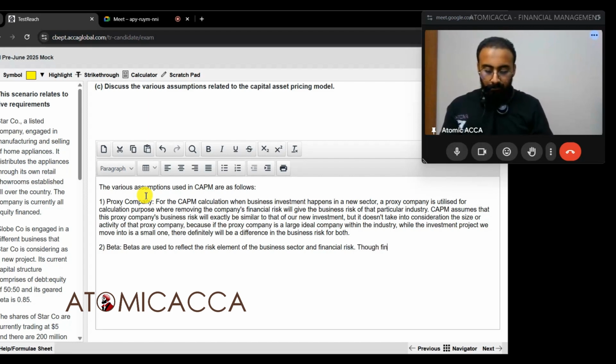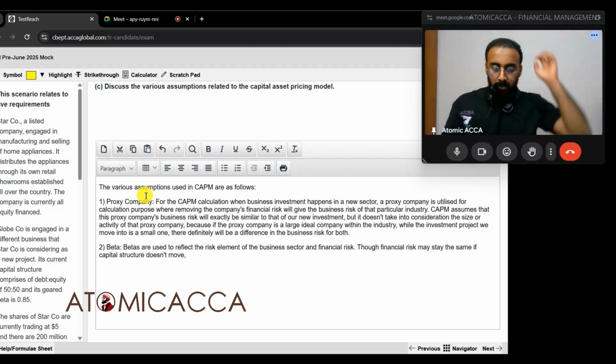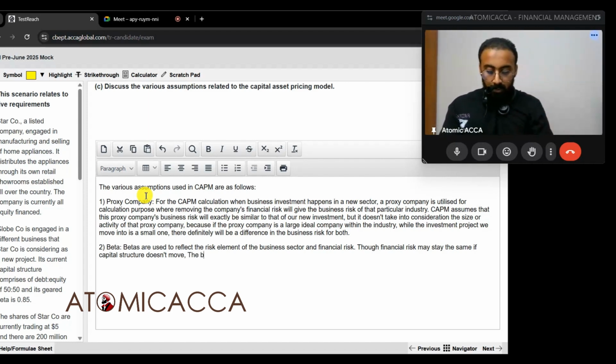Though financial risk may stay the same if the capital structure doesn't move, the business risk will keep varying from time to time based on market changes.